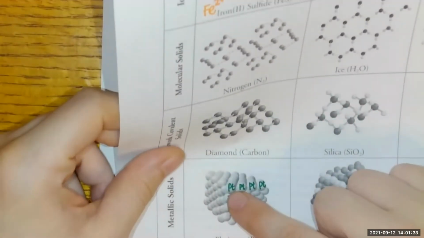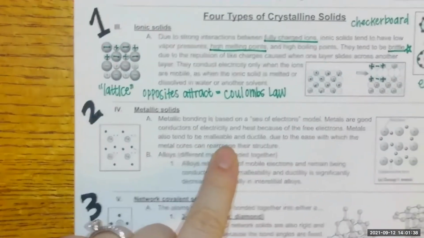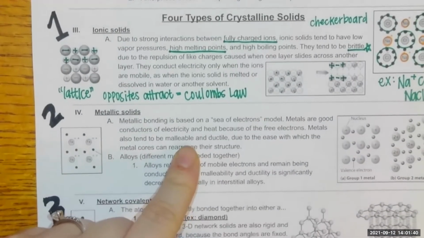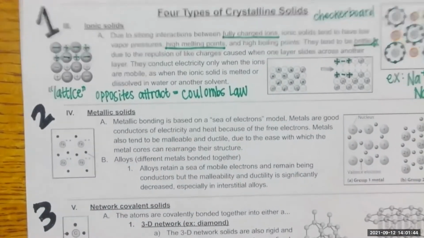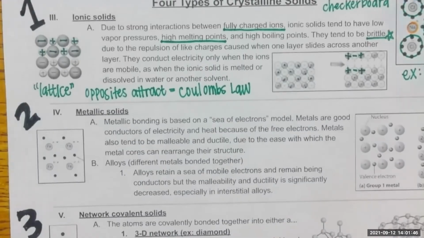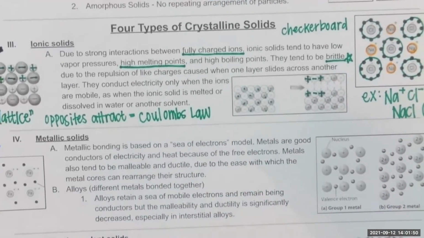Okay, so realistically, it's not just positive, positive, positive. We have a sea of electrons model that's keeping this together. So it's showing you, let me get a new color. I should really keep all my colors straight, but I just love my new markers so much.